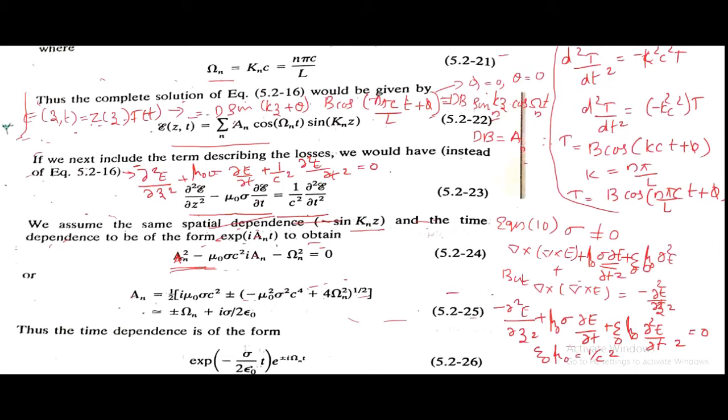And on further simplification we get a_n equals 1 by 2 [i mu 0 sigma c square plus or minus (mu 0 sigma square c raised to 4 plus 4 omega_n square) raised to 1 by 2]. A_n is nearly equal to plus or minus omega_n plus i sigma by 2 epsilon 0.